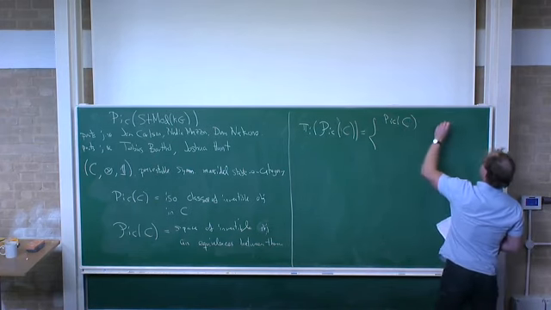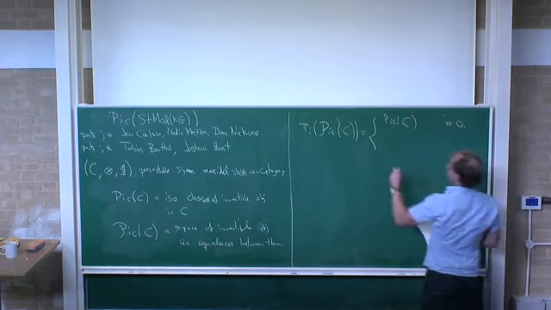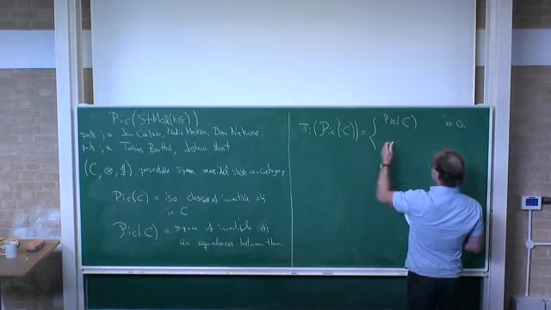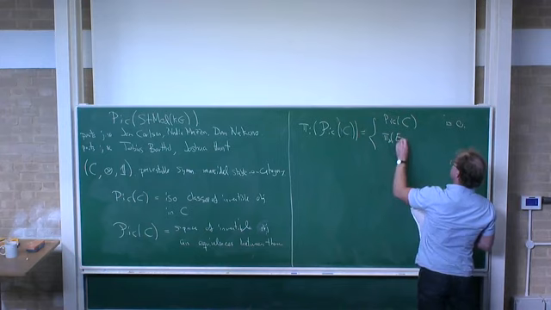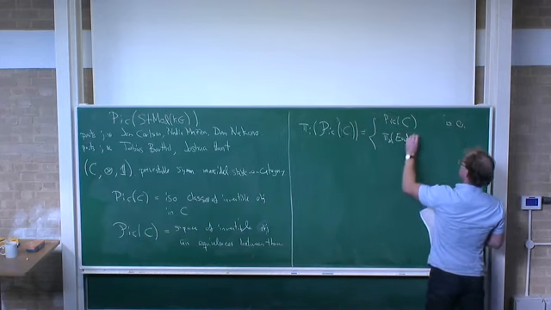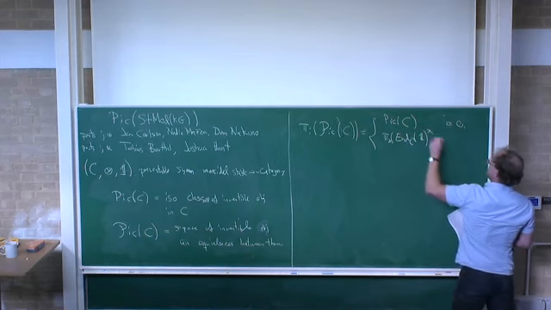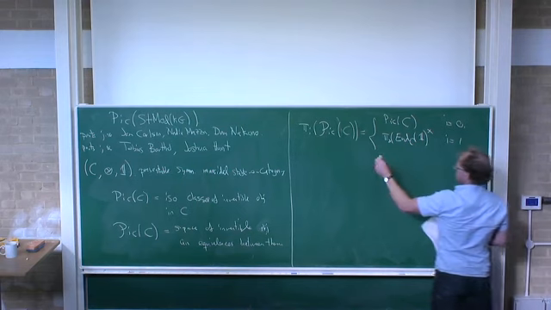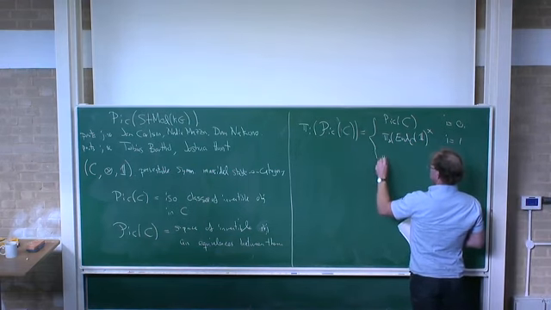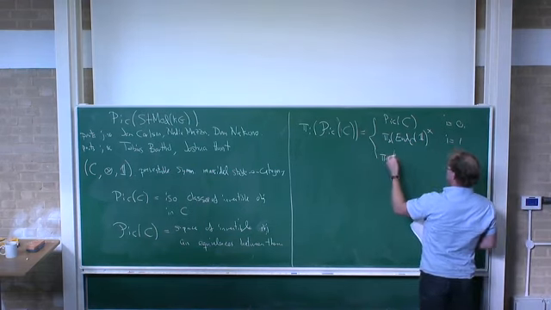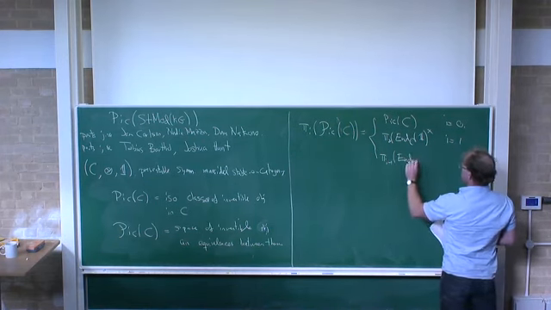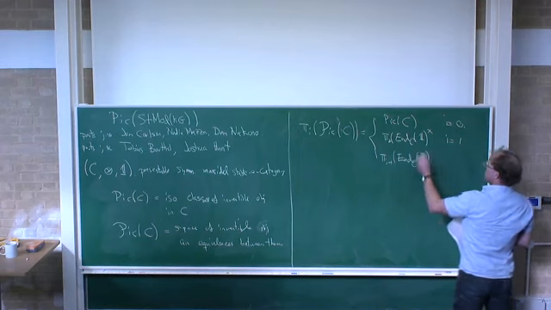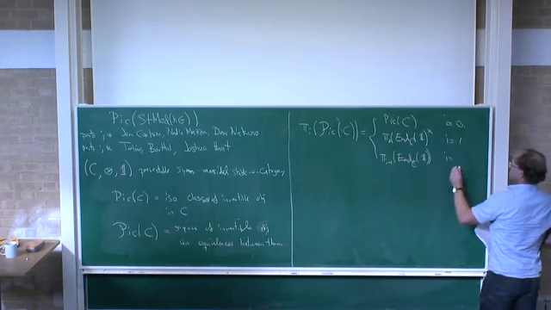Okay, so we have Pic C for i equal to 0. If i is equal to 1, we have the units in the endomorphism space in C of the unit. And for i greater than 1, we just have pi i minus 1 again of the endomorphism space of the unit here.